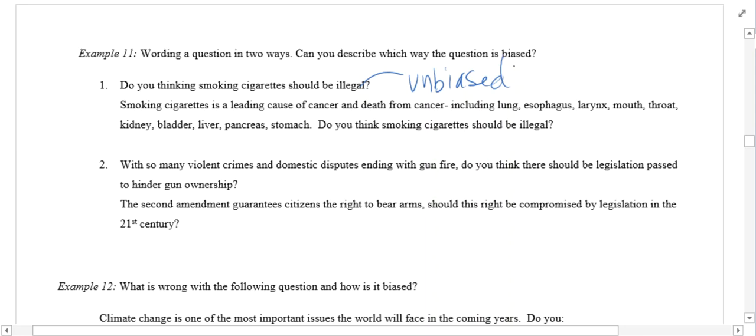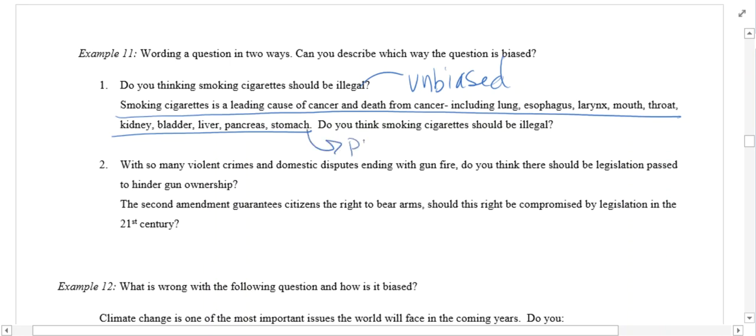Okay, and what happened in the second question? They eventually asked, do you think smoking should be illegal? But they gave you all this information ahead of time. So what does that do? That's going to persuade people to answer, oh, yes, we do think cigarettes should be illegal.